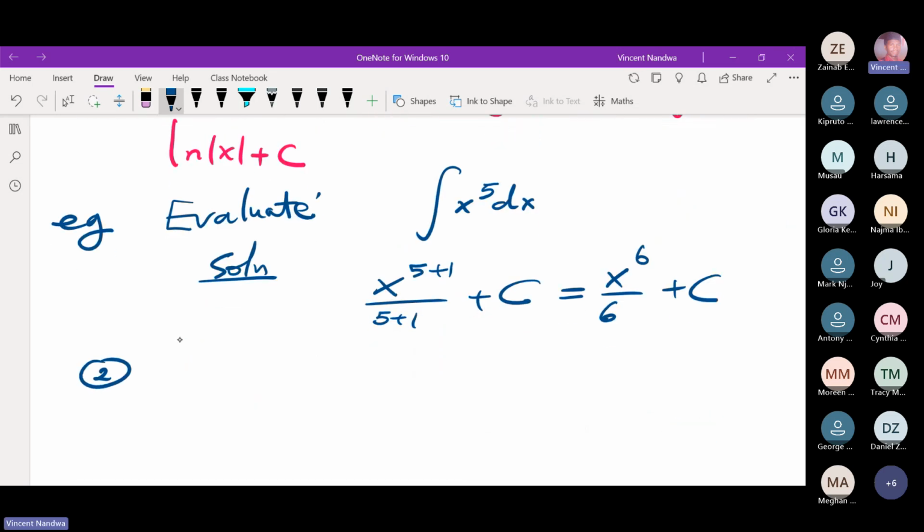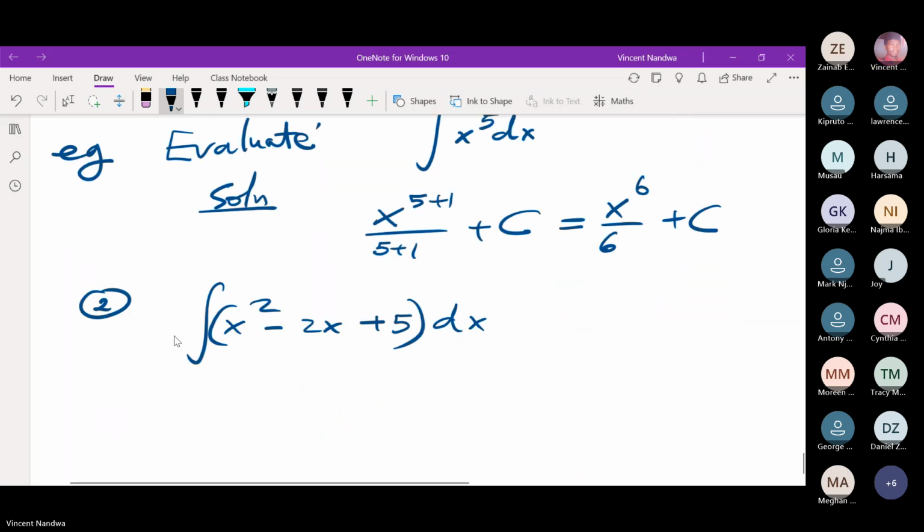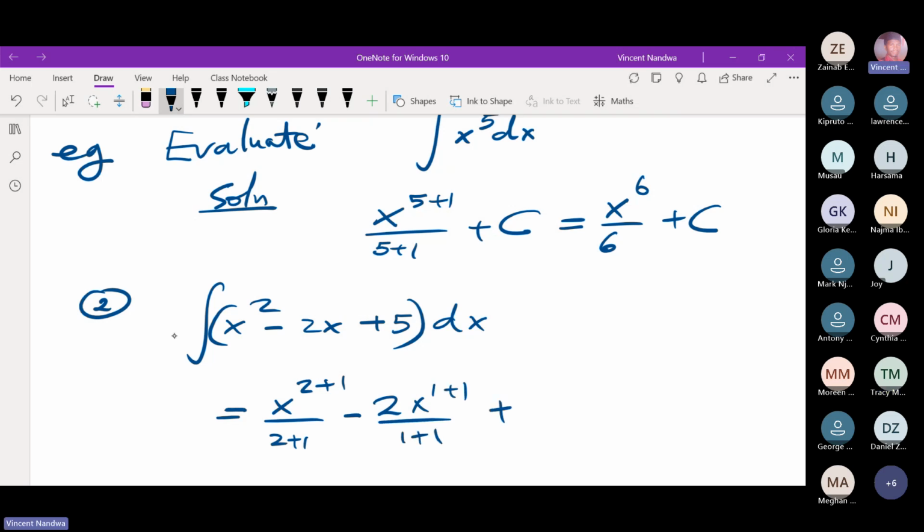Then example 2, integrate x squared minus 2x plus 5 dx. So here we'll have x power 2 plus 1 over 2 plus 1, minus 2x power 1 plus 1 over 1 plus 1. Remember, when I don't have an x, it's like x power 0. So I'll have 5 x power 0 plus 1 over 0 plus 1, then plus c.